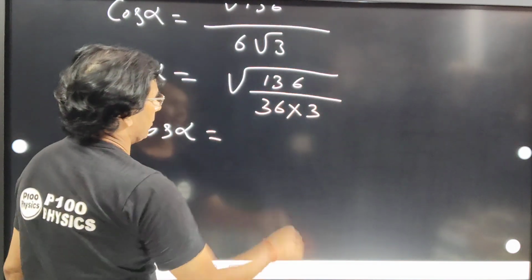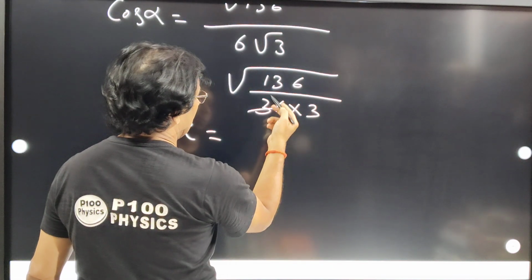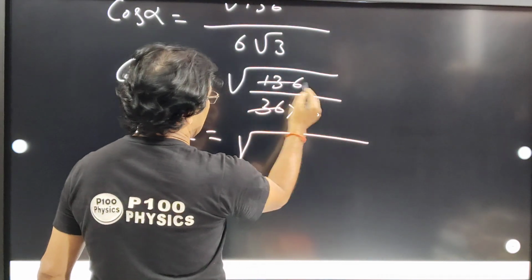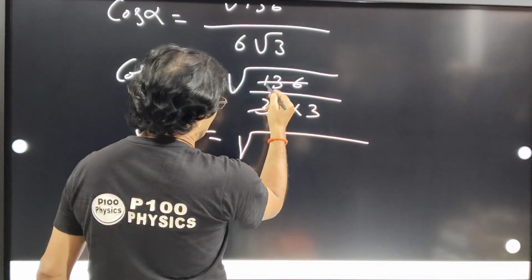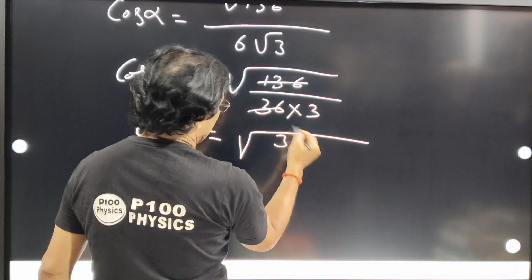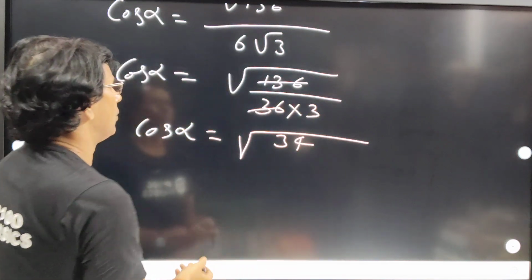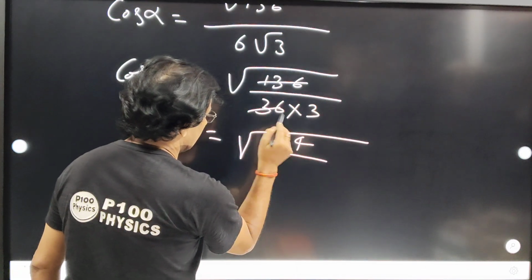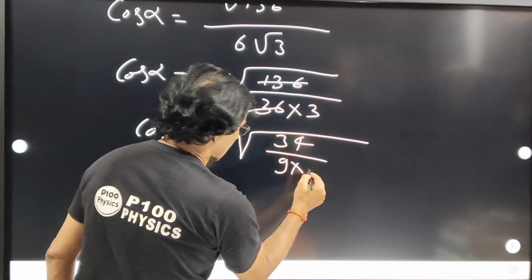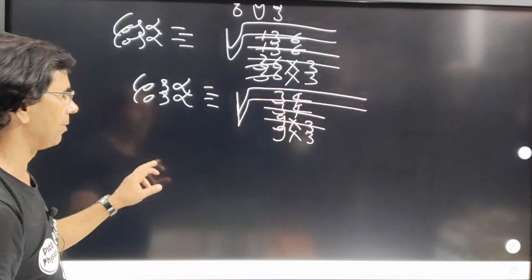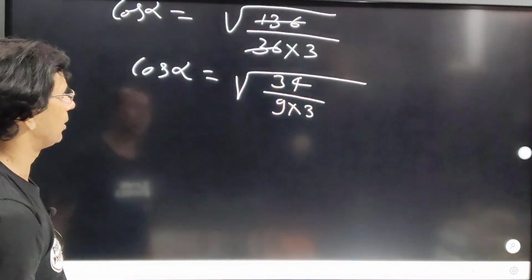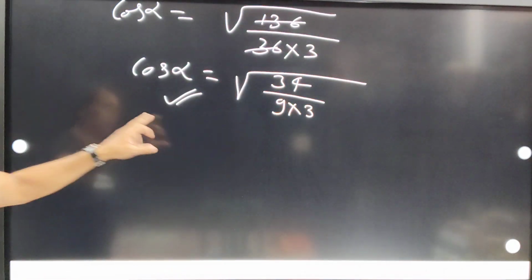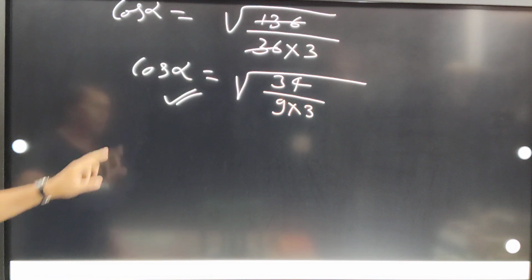From 4 it can be cancelled, giving 34 upon 27.